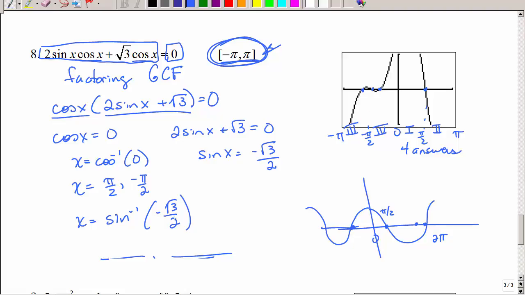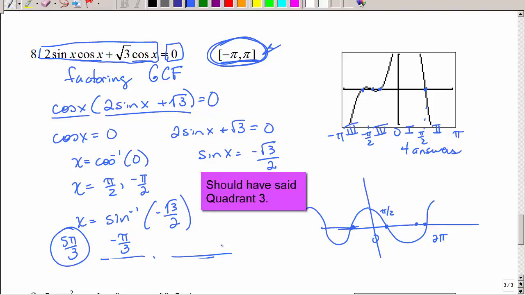Inverse sine of negative square root of 3 over 2 in those given intervals is that. Now, on your chart, you learned it as positive 5 pi over 3. You have to express that as a negative angle. You also learned in quadrant 4 that the angle was 4 pi over 3, positive.